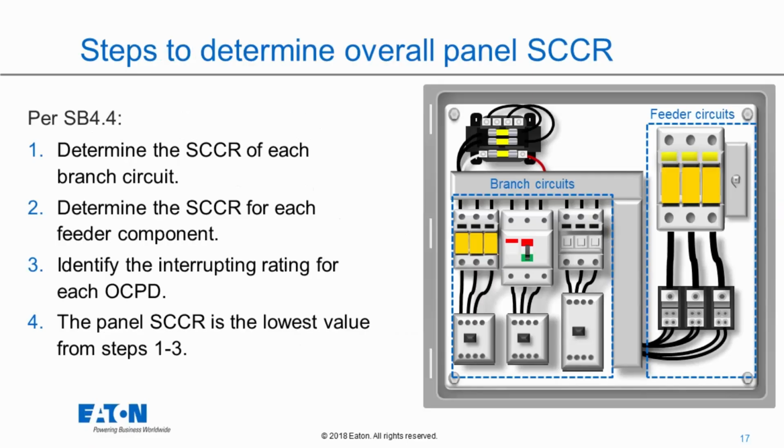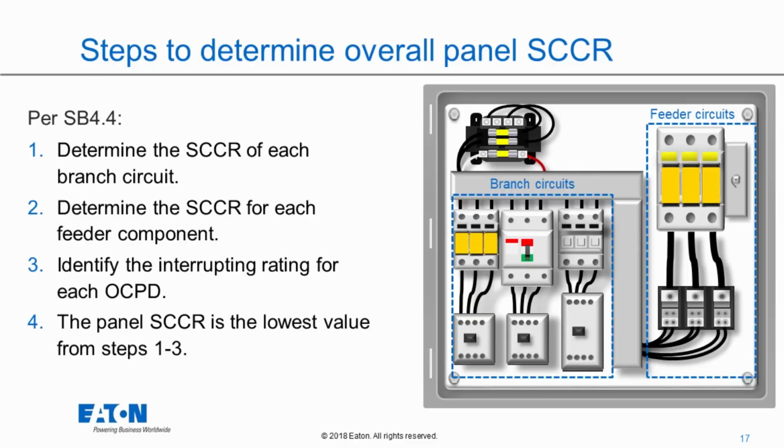Okay, so now that we know all of the ratings, it's important that we understand both the short circuit current rating and interrupting rating. Now we can take those and apply them to determine my overall panel short circuit current rating. So the steps to determine it per UL 508A SB 4.4: step 1 is to determine the short circuit current rating of each branch circuit.